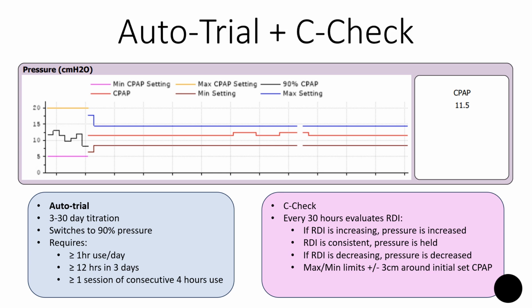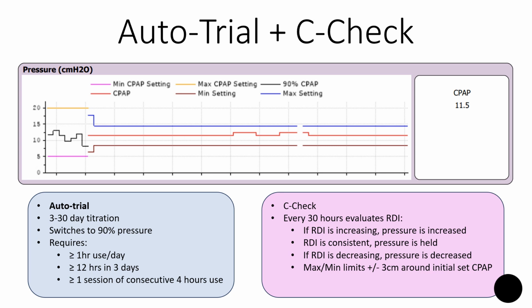So quite a few of you will have something called an auto trial. So your machine will start off as an automatic machine, varying the pressure over days. So we set in a minimum and a maximum and let the machine find that pressure. And then after a set period of time, usually 2 weeks of when you've got this minimal level of usage, the machine will flick into either a CPAP or a C-Flex mode.